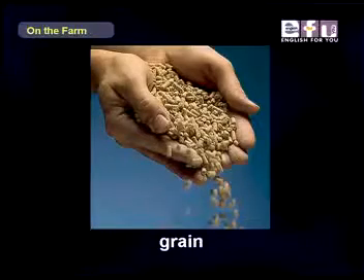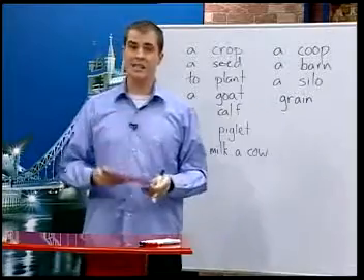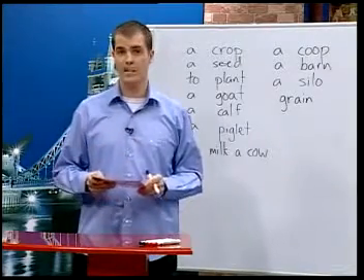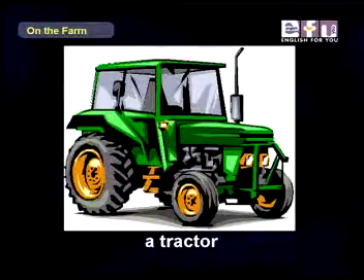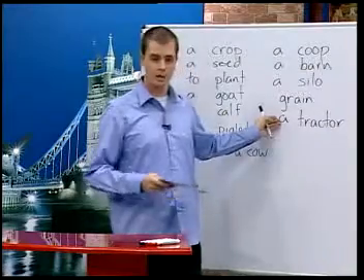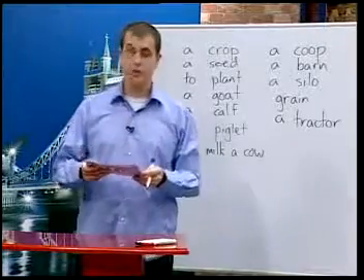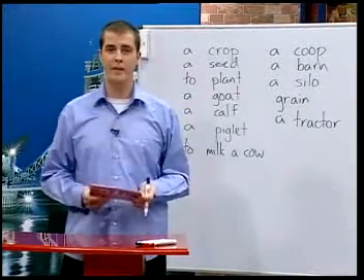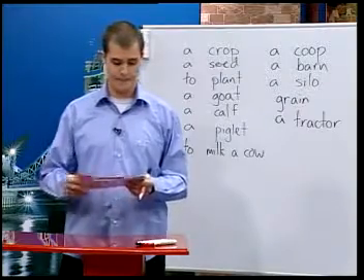What's grain? Grain is the seeds of a crop, such as corn or wheat. We have a tractor. A tractor is a strong vehicle with large wheels used for pulling farm machinery.